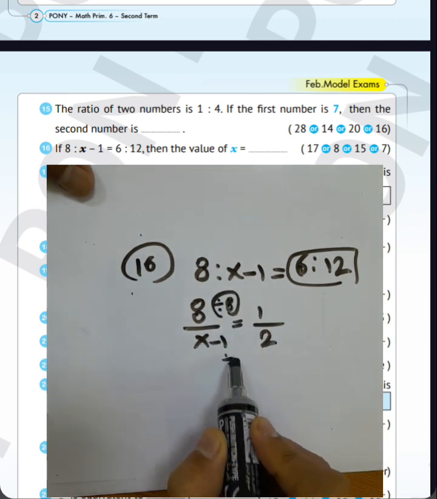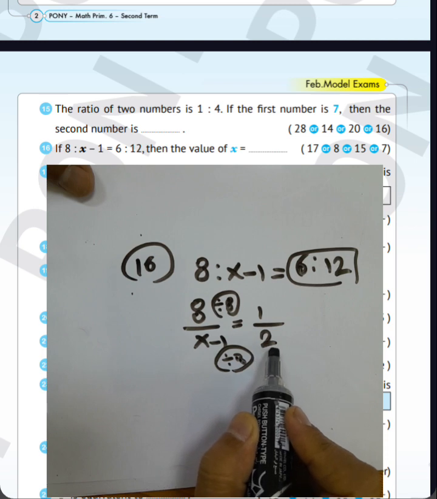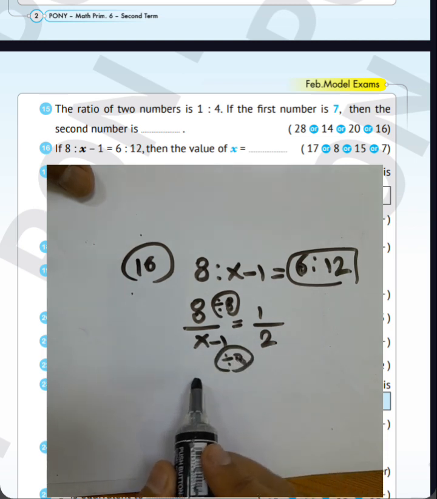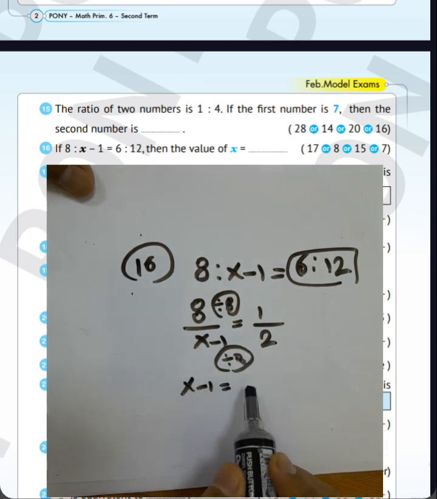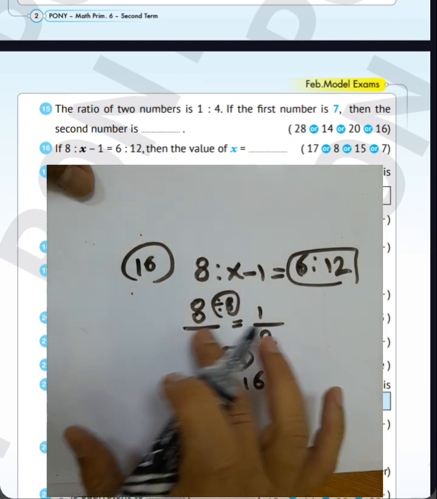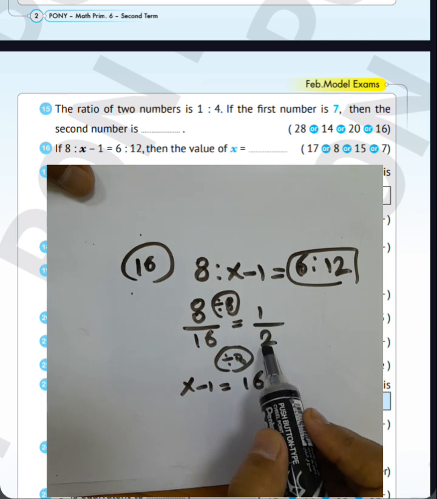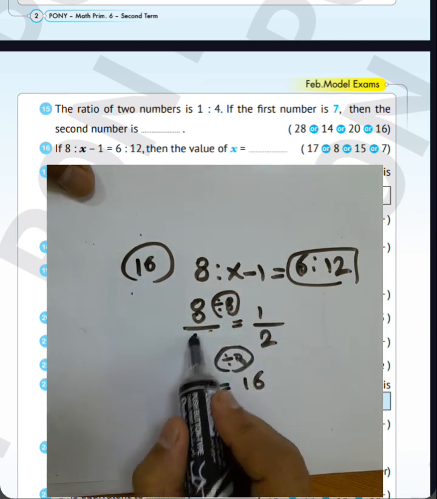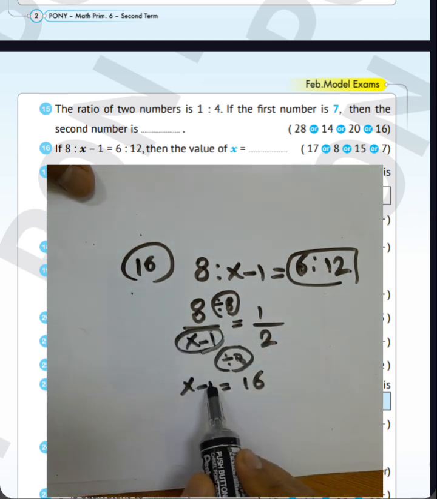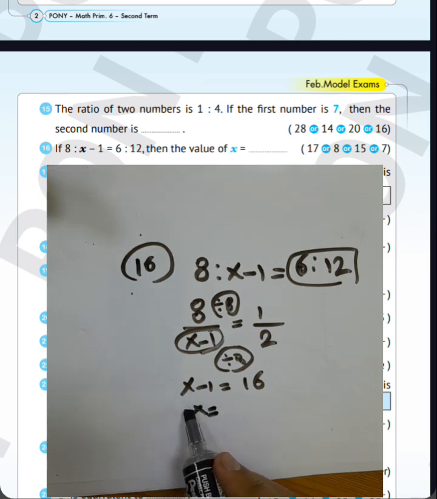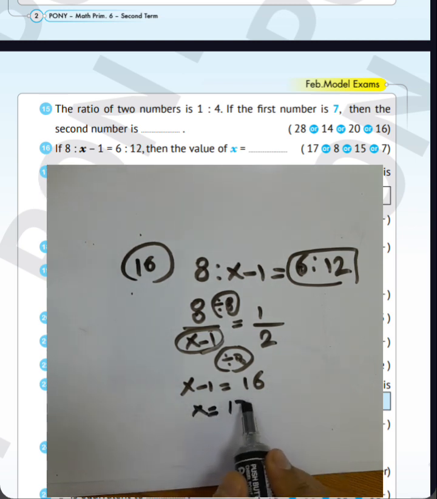Then which number divided into 8 equals 2? It will be 16. Then x minus 1 equals 16. If we put here 16, then 8 over 16 will be 1 over 2. Then the value of x will be what? The number minus 1 is 16, so the result will be 17.